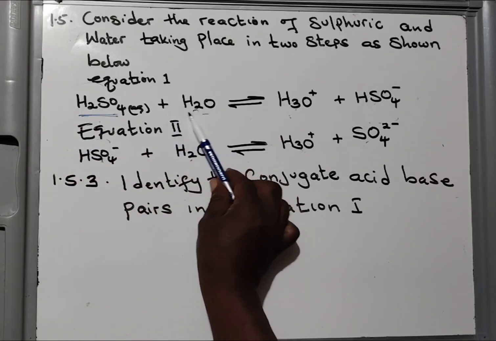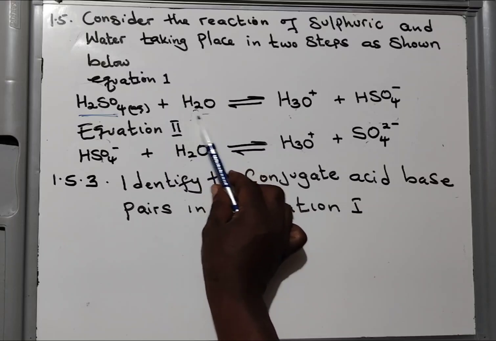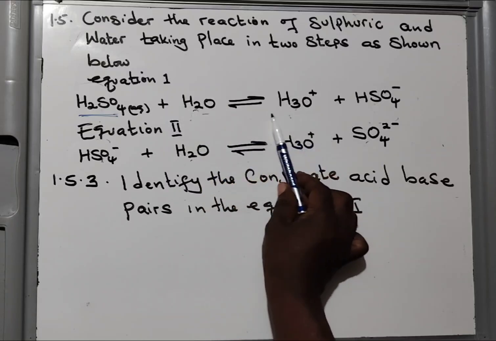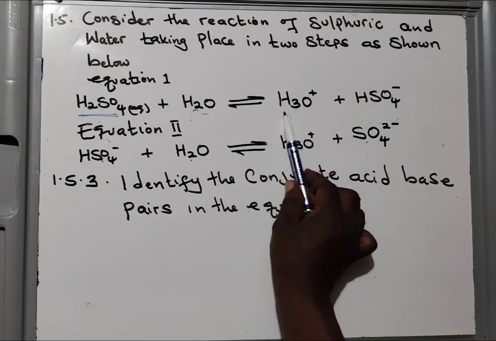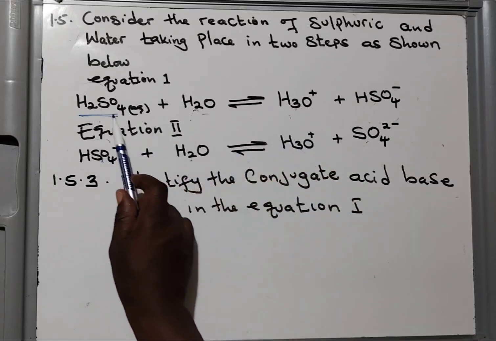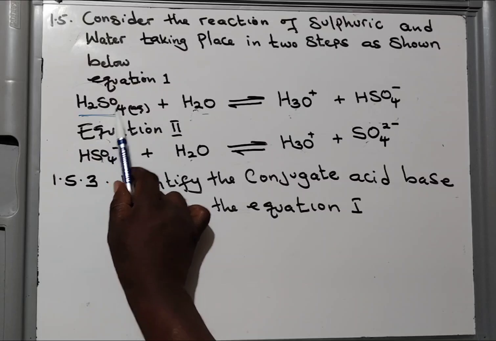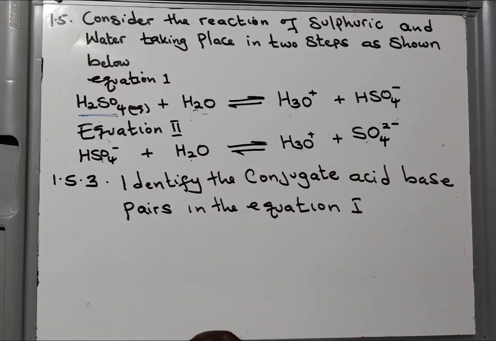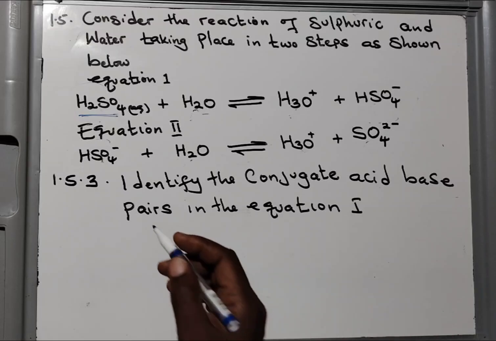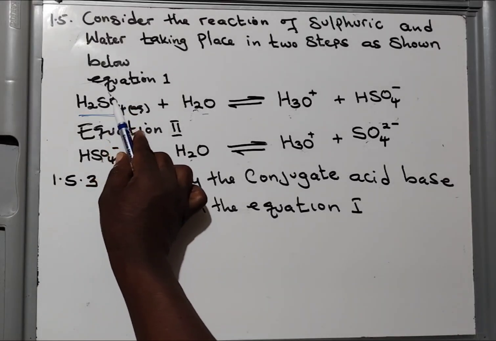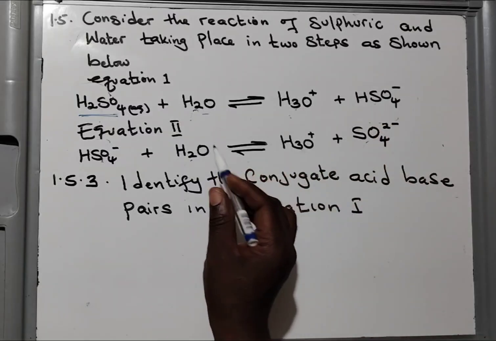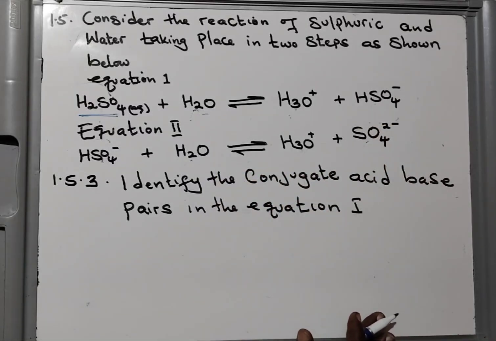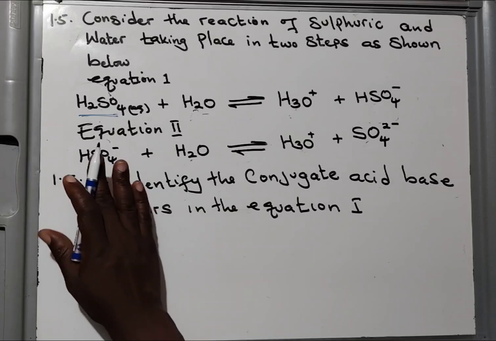So when this base, which is our water, receives a positive proton, it becomes a hydronium ion here. And after losing a proton, what we form is this one, the hydrogen sulfate ion or bisulfate ion. Now you have to know that the difference between an acid and its conjugate base is only one proton, which is possessed by the acid.